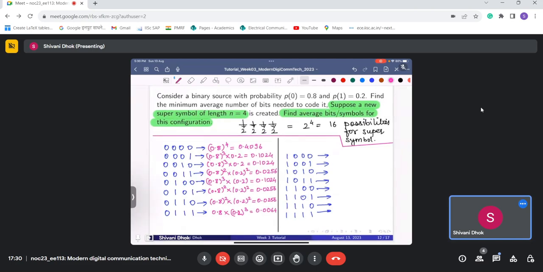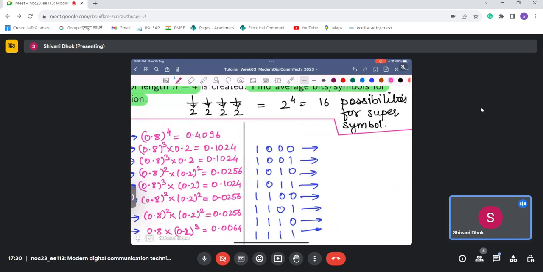Similarly here, 0 appears 3 times, so 0.8 cube into 0.2, this is 0.1024. Then this is 0.8 square into 0.2 square. 1 appears twice and 0 also appears twice, so this comes out to be 0.0256.